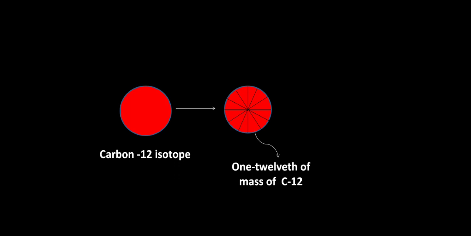So if I take that 1/12 part of one atom of C12, that will be equal to 1 AMU. I hope now you are clear with the concept of 1 AMU. So 1 AMU is equal to 1/12 of the mass of the C12 isotope.